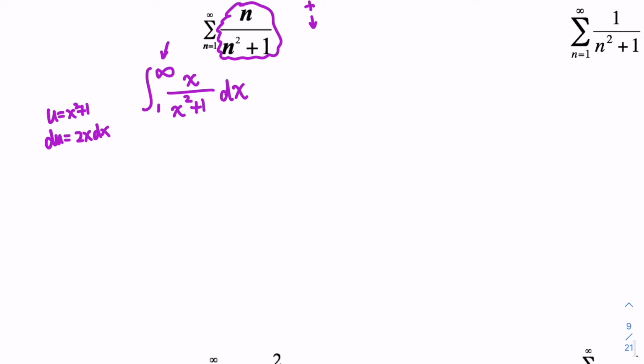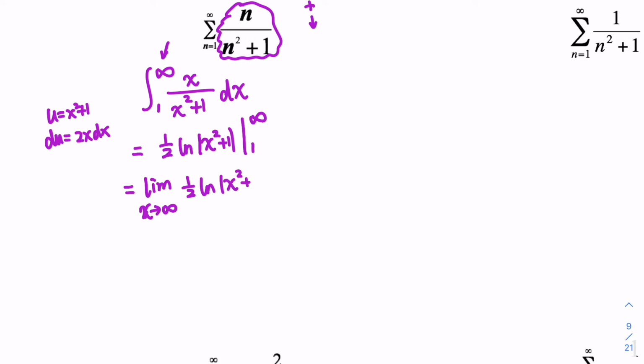So the whole problem will become 1/2 ln(x squared plus 1) from 1 to infinity. Now we can plug in the limit as x goes to infinity: 1/2 ln(x squared plus 1) minus, we plug 1 in, so it's 1/2 ln 2.